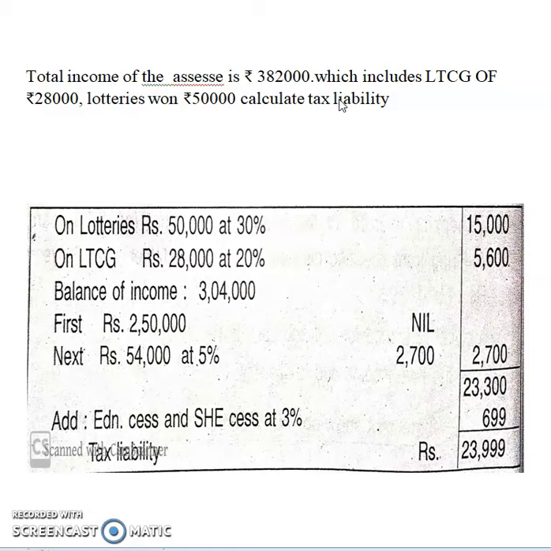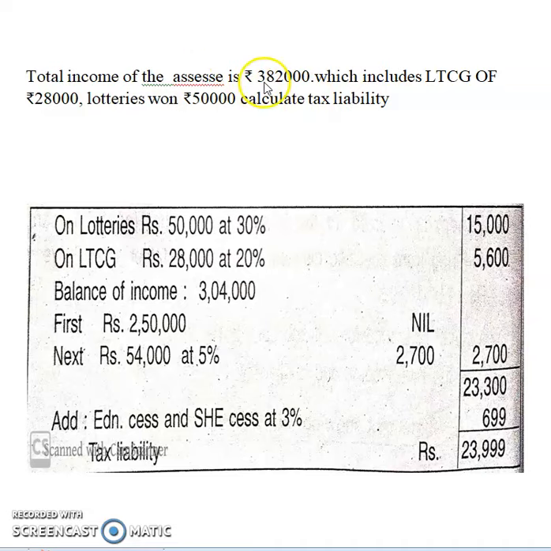The next 2,50,000, up to 5 lakh, is taxable at 5%, whereas 5 lakh to 10 lakh is taxable at 20%, and above 10 lakh it is 30%.